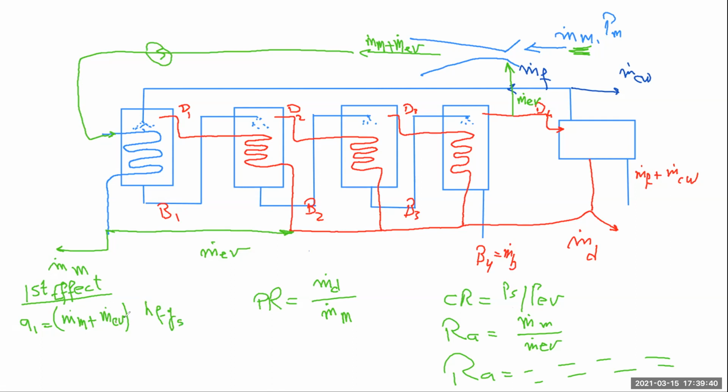And we know that they are both related by RA. So if I know the value of RA, then I can determine the two components. This is also equal to m dot feed CP (T1 minus T feed) plus D1 HFG1.